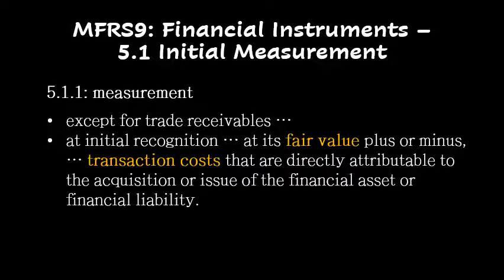Now, why does the standard give an exemption or exception to trade receivables? It's simply because trade receivables are always settled at the amount owed and not likely to be traded in the market, thus no market value. The value of the debt will be the actual amount owed by a debtor. At most, it could change due to penalties for paying beyond the allowable period or late payment fees.